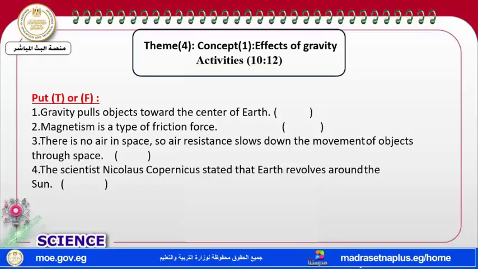Now, let's solve this question. True or false? Gravity pulls objects toward the center of the earth. Yes, it's true. Magnetism is a type of friction? Of course, no. It's false. But air resistance is a type of friction. If there is no air in space, does air resistance slow down movement through space?